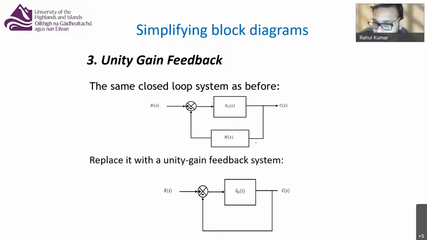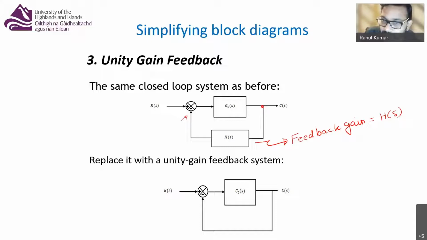Okay, so in the original closed loop system, the feedback gain was H of s, right? You were modifying your output signal before feeding it back to the input.